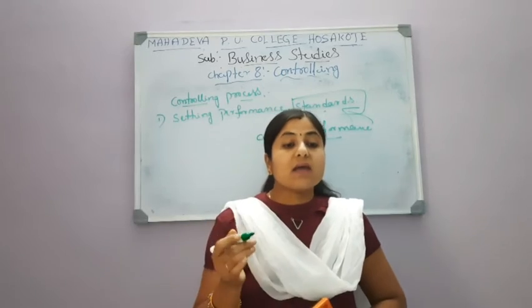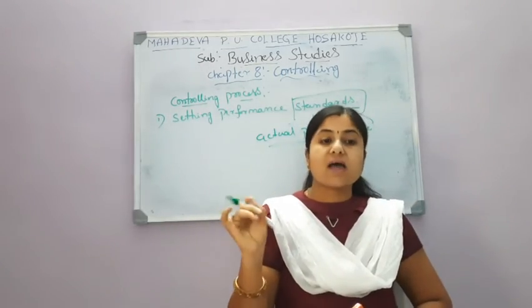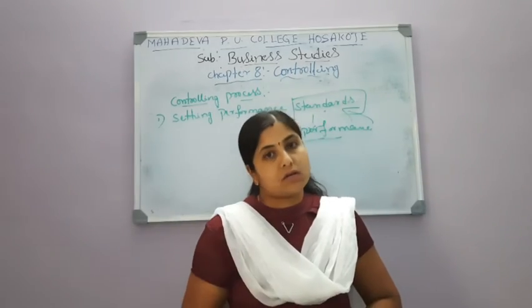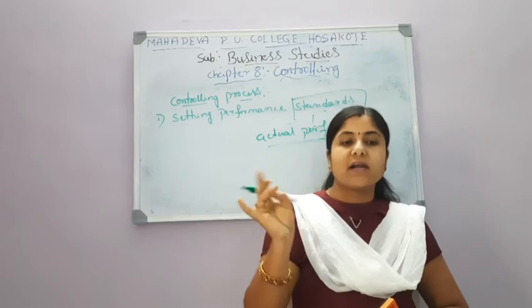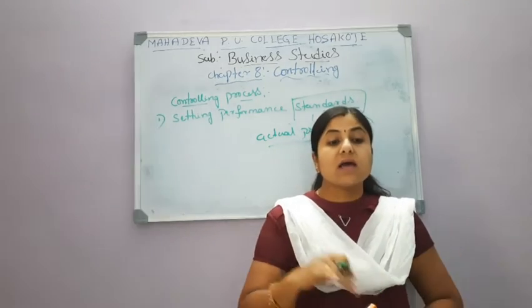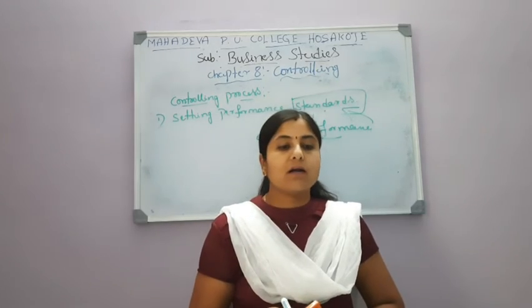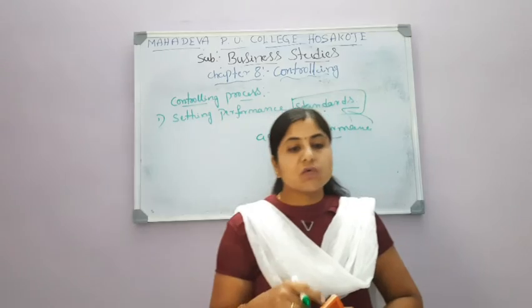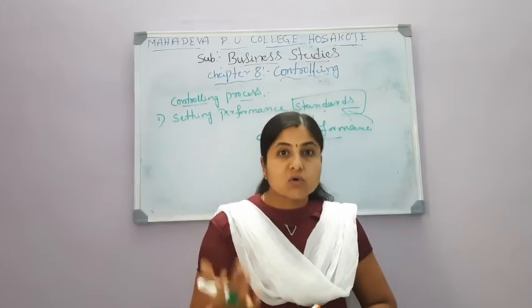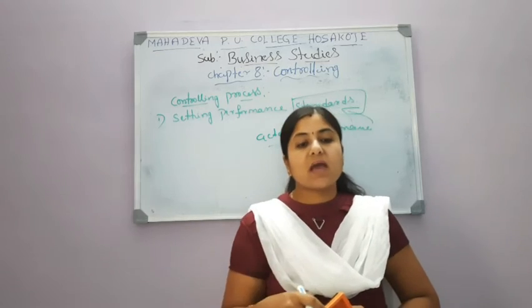So that's why standards can be set in both qualitative as well as quantitative terms. Standards are set in terms of cost incurred, revenue to be earned, units of product to be produced and sold, and time spent in performing a task.